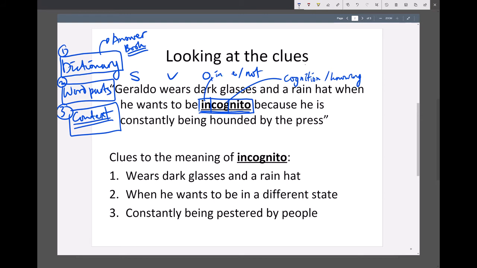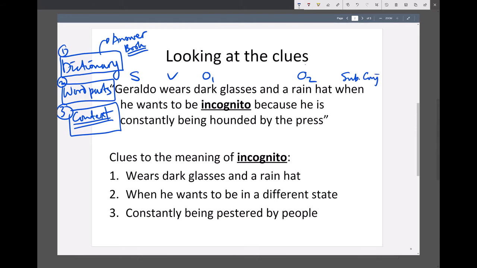So erase the word parts now. We're not using that for this. Okay, so we have, he wears dark glasses and a rain hat. And when, so there's my subordinating conjunction.